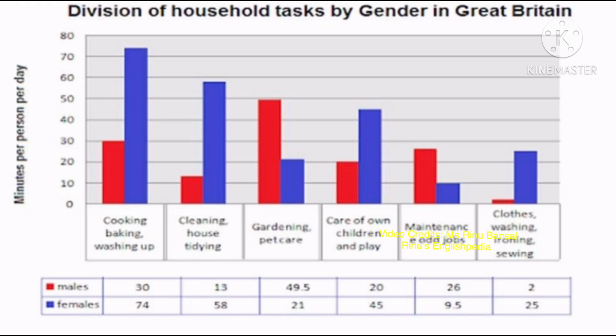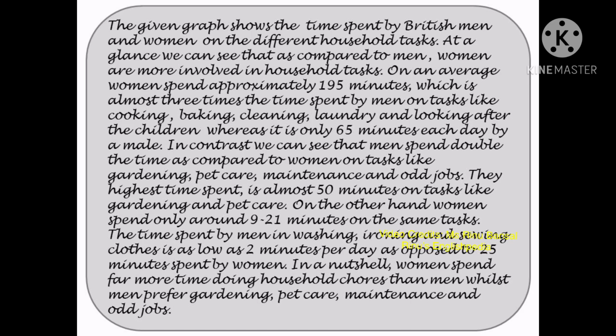We can also see that the maximum responsibility of the tasks on females lies in the area of cooking, baking and washing up, and their least participation is in tasks like maintenance and odd jobs.